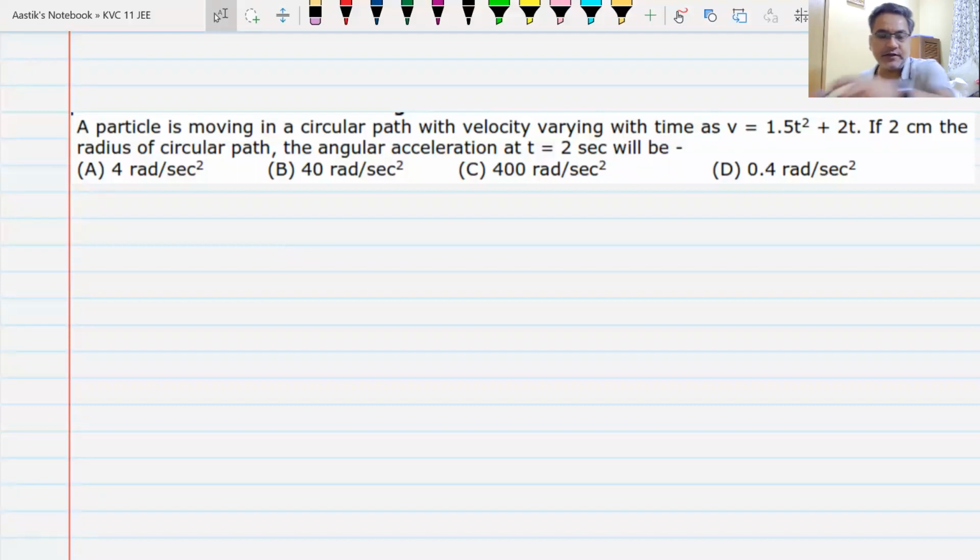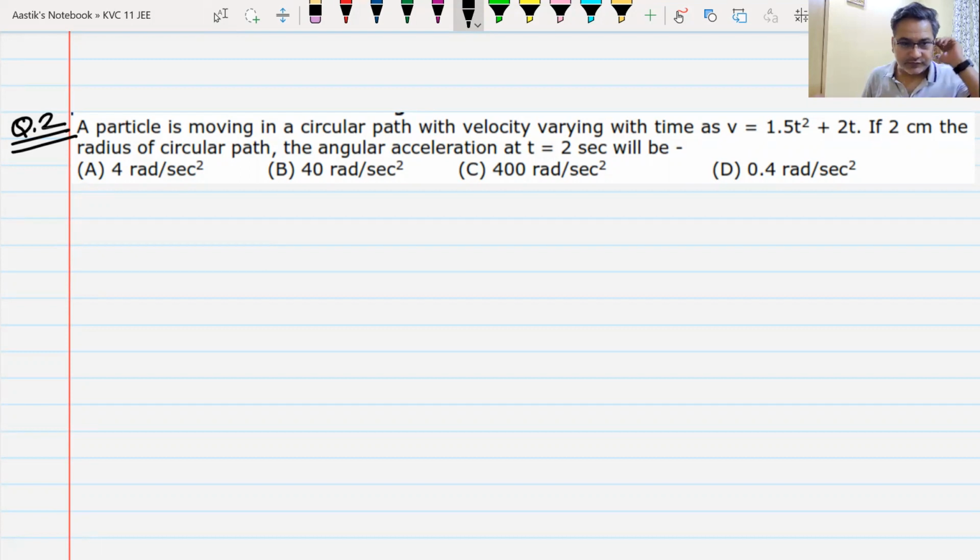A particle is moving in a circular path with velocity varying with time as 0.5 t square plus 2t. If 2 centimeter is the radius of the circular path, what is the angular acceleration? Let's first find out the angular acceleration. Let's see.